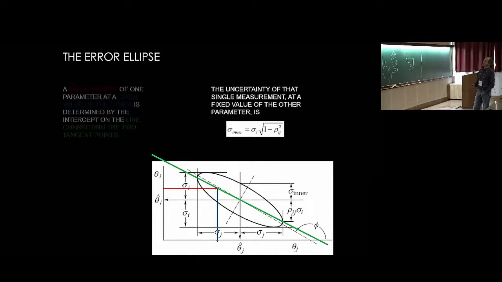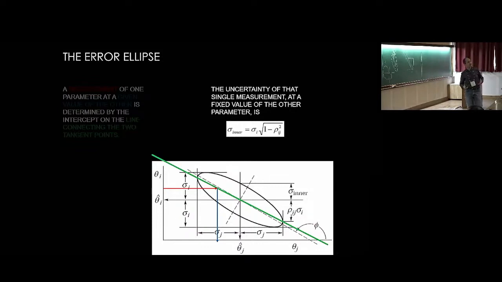And the uncertainty on that single measurement is this sigma inner, which is sigma times the square root of 1 minus the correlation coefficient. So what that means is that when you have a certain correlation between two variables, a measurement of one variable at a specific fixed value of the other variable is affected by an uncertainty which scales down with the amount of correlation.